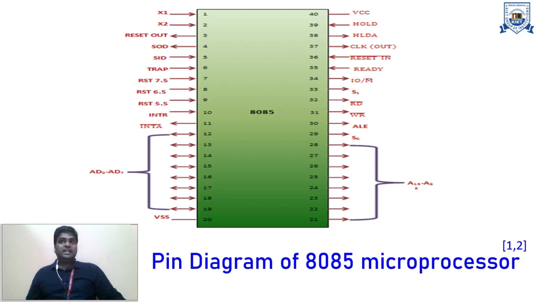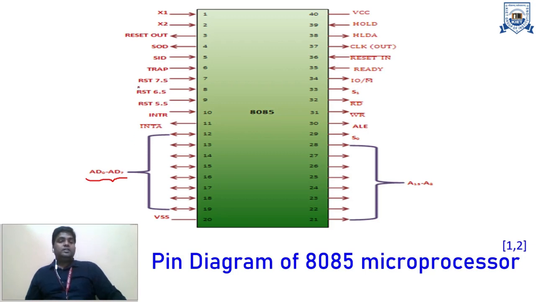So these 8 pins are utilized to carry address as well as data information. That's why it is represented as AD0 to AD7. Due to this multiplexing, the number of pins in the 8085 has been reduced.